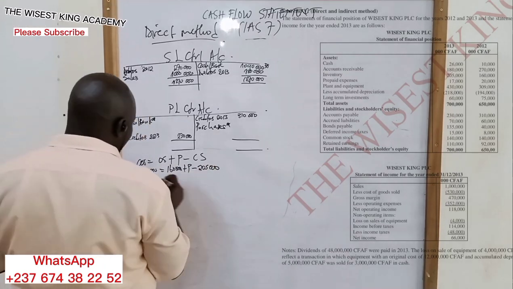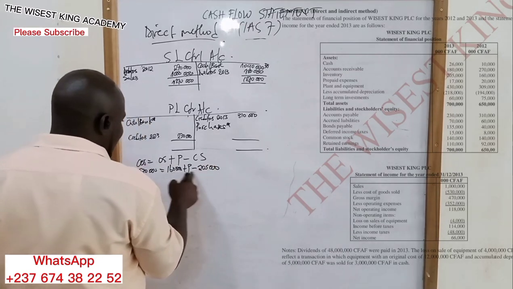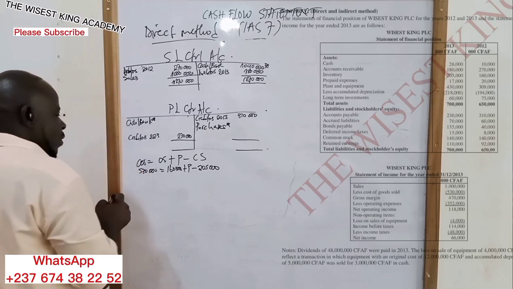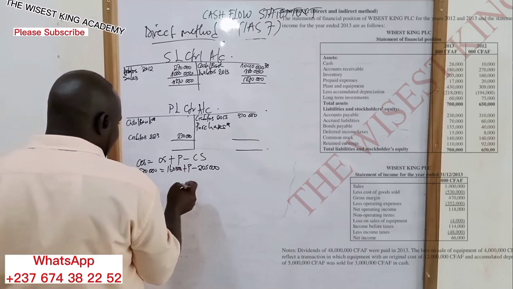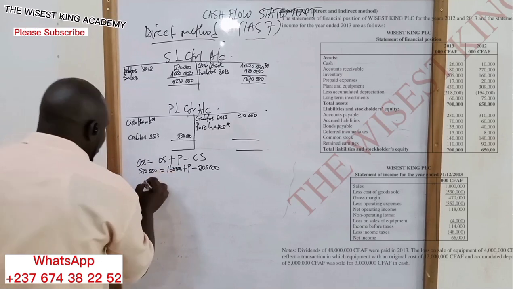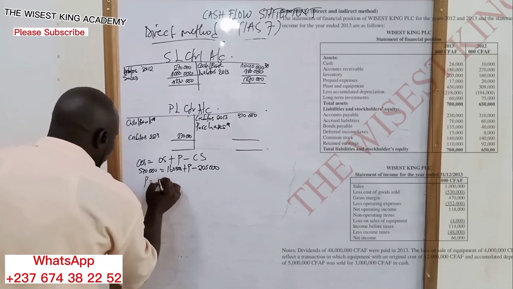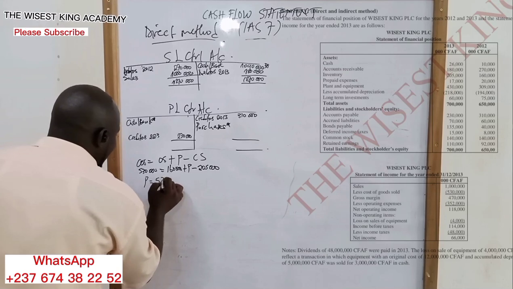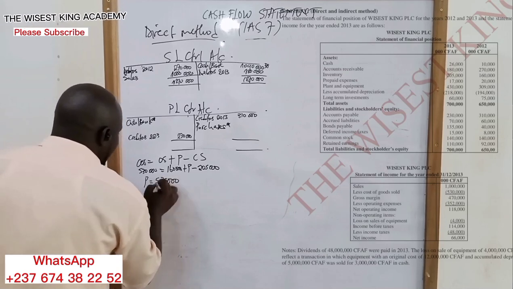Now we look at this. This minus this, we are going to have negative 45,000. If I take negative 45,000 and bring it across, it becomes positive. So it means the purchases will be equal to 575,000. That's the value of our purchases.